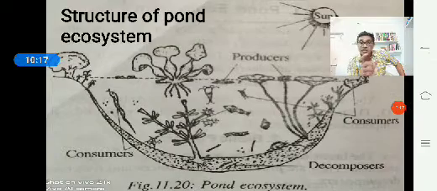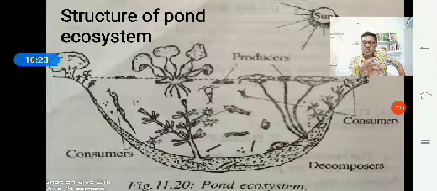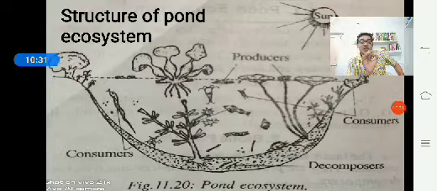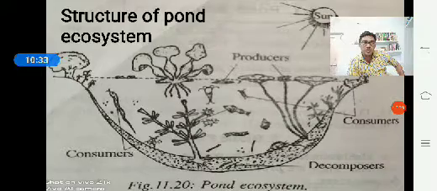This is the first significance of any ecosystem. The second significance is that identification and description of plant and animal species of an ecosystem gives its species composition.